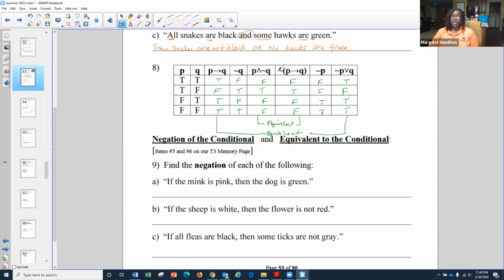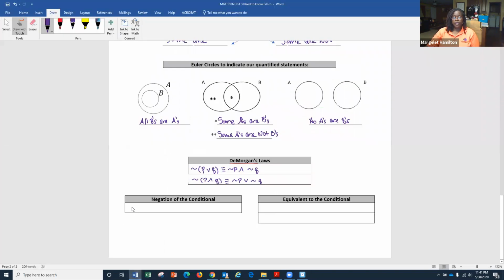You see that the negation of our conditional is equivalent to P and not Q. So P and not Q. So the negation of P implies Q is equivalent to P and not Q. See?